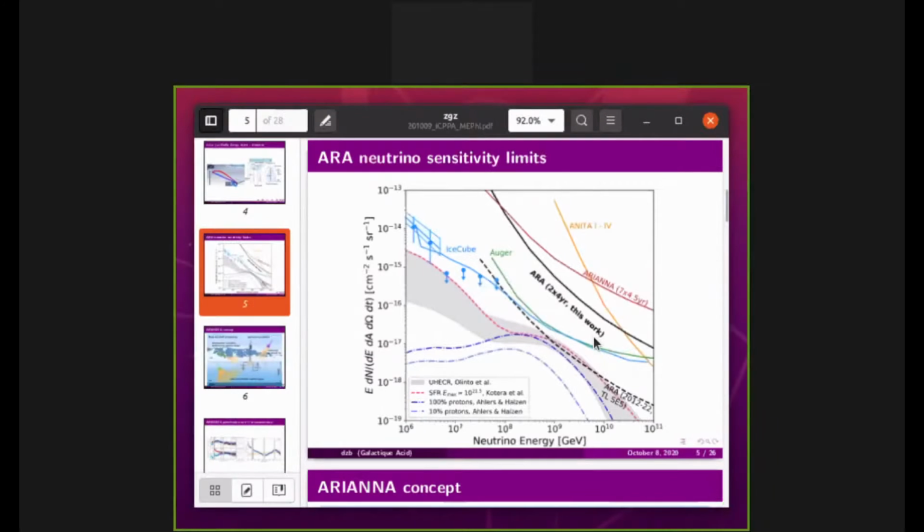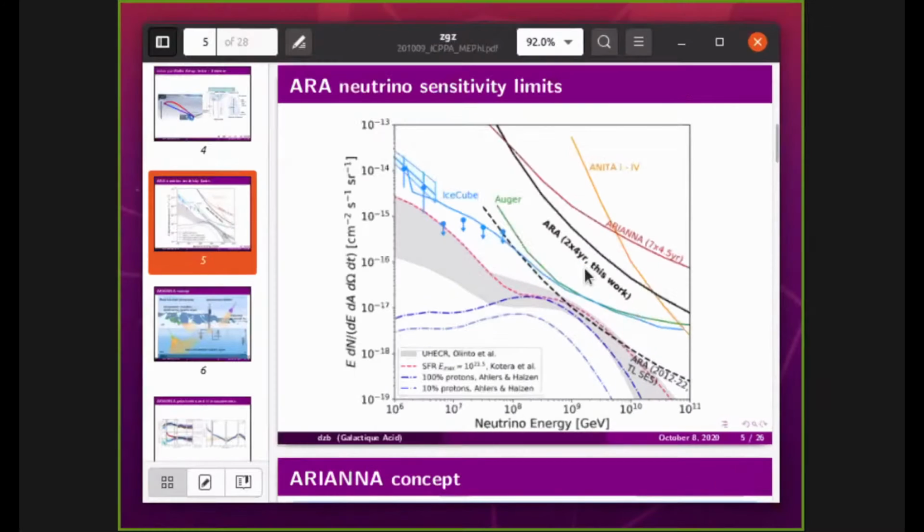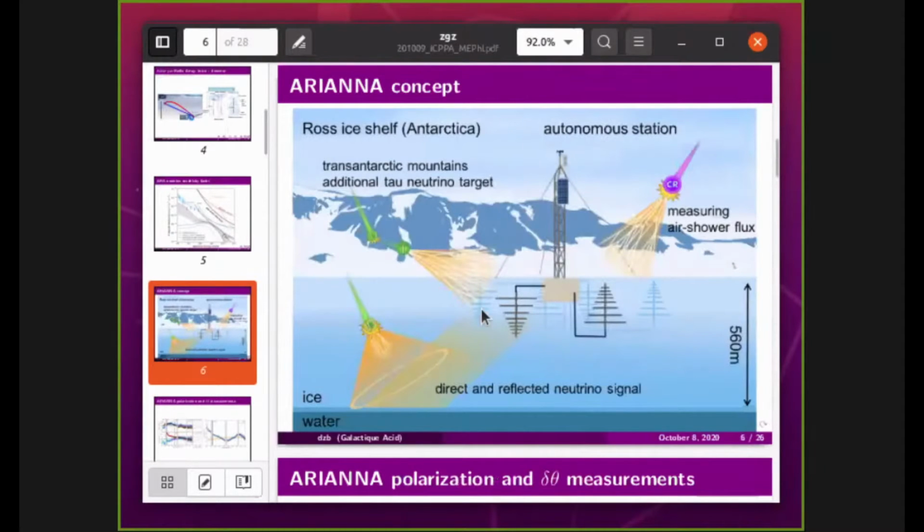This uses only about 10% of the available ARA data set, and also the lifetime of ARA will be extended by about another factor of 2 over the next 3 or 4 years. Okay, the other experiment that I mentioned was the surface strategy. So here you put antennas very close to the surface, and again, you can measure, in principle, a series of different sources.